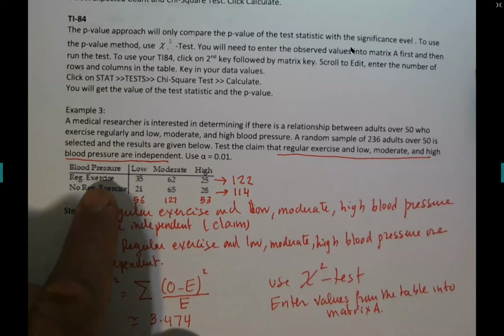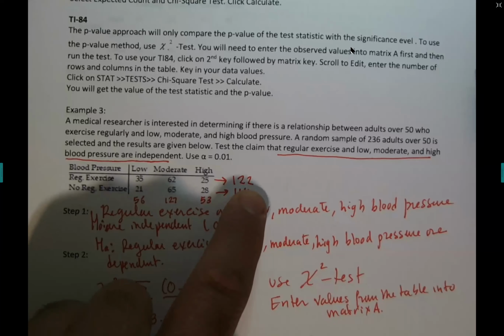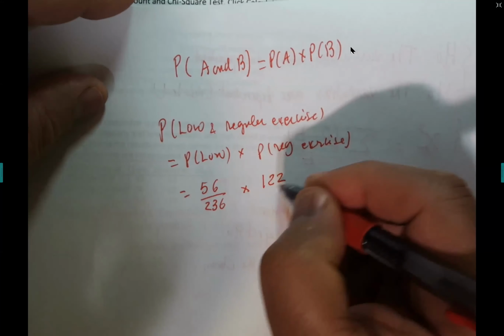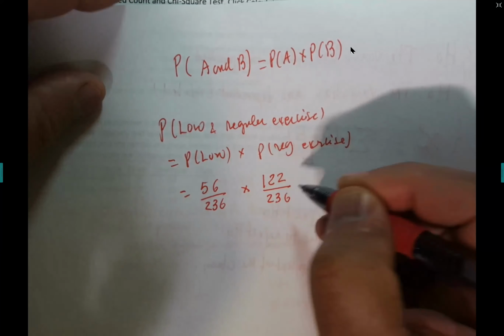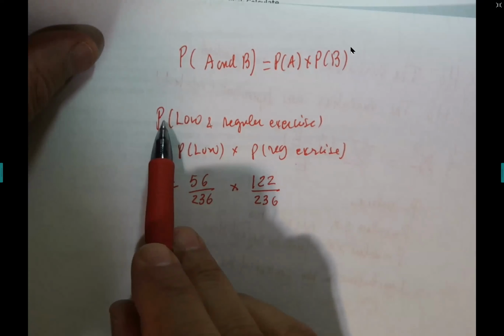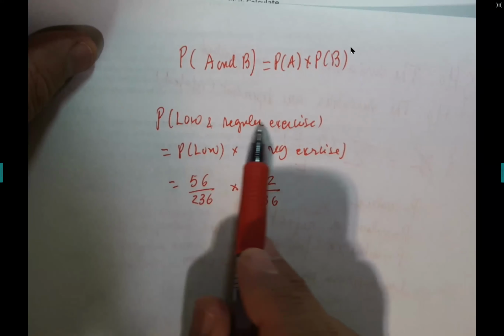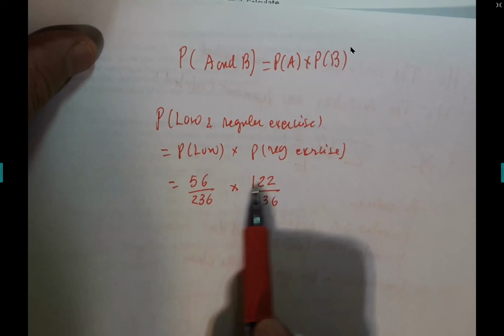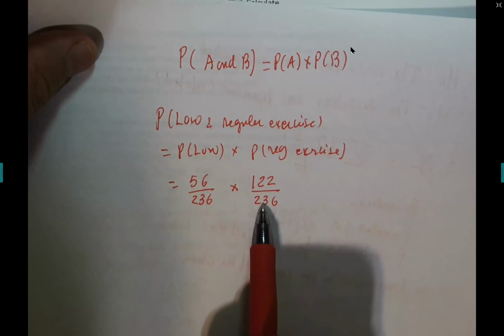That's a review for chapter 3. Regularly, I have 122 divided by 236. So the probability of selecting someone with low blood pressure and regular exercise is 56 over 236 times 122 divided by 236.